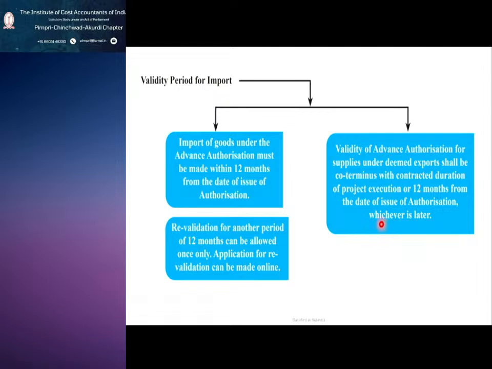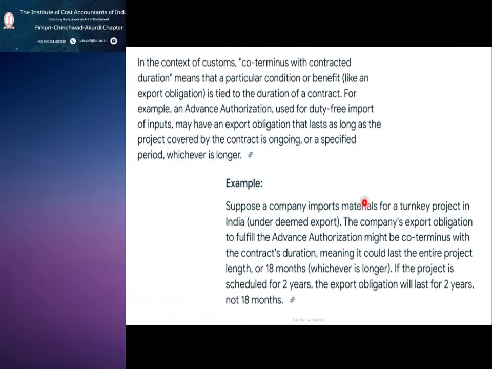So generally the validity period should be 12 months, and in case of deemed export, it should be the project execution or the 12 months, whichever is the later date. So here it is for the coterminous related.